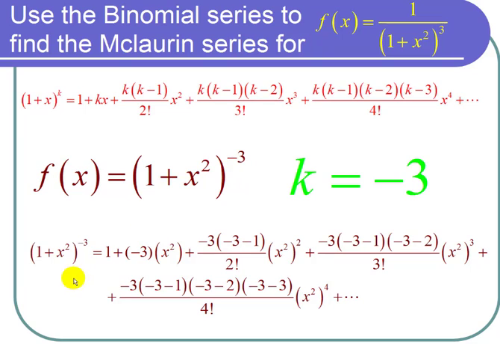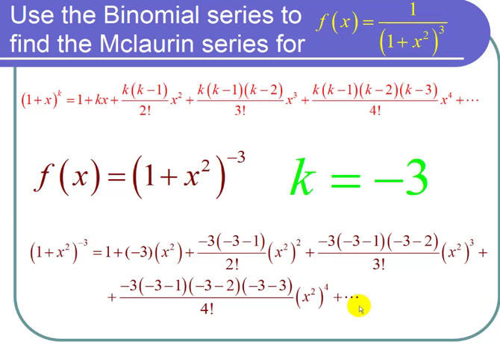So I do that, and I get that our function, (1 plus x squared) to the negative third power, is 1 plus negative 3 x squared plus negative 3 times (negative 3 minus 1) over 2 factorial (x squared) squared plus negative 3 times (negative 3 minus 1) times (negative 3 minus 2) over 3 factorial (x squared) cubed plus negative 3 times (negative 3 minus 1) times (negative 3 minus 2) times (negative 3 minus 3) over 4 factorial (x squared) to the fourth plus etc.